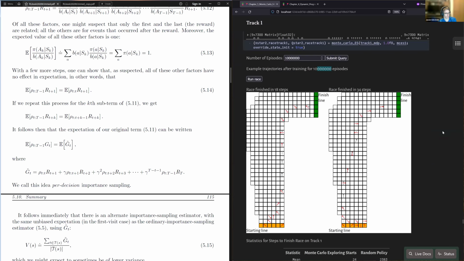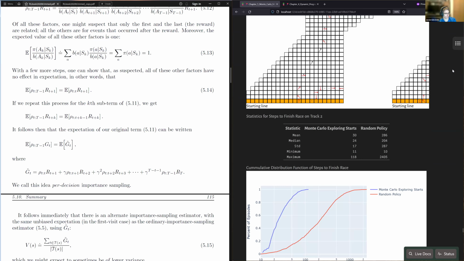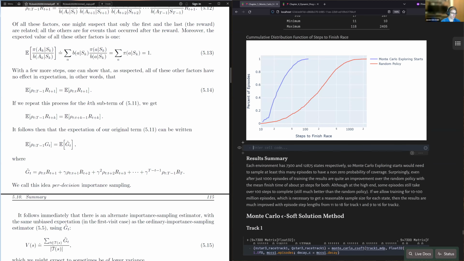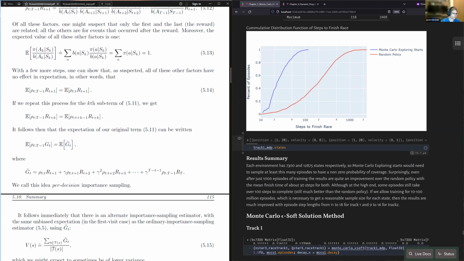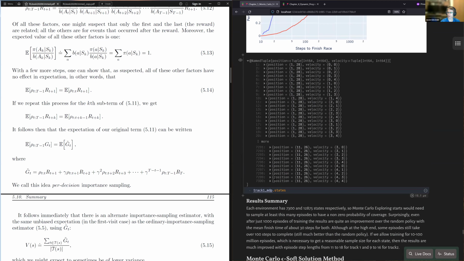Yeah, exploring starts. Well, anyway, I was surprised for this method that even after just 1,000 episodes, it could actually learn pretty well. Because there's 7,300 states, right?